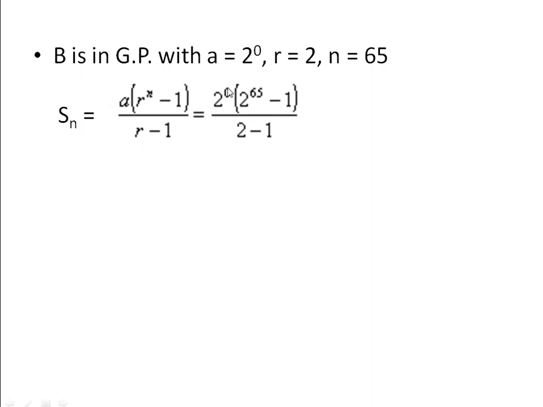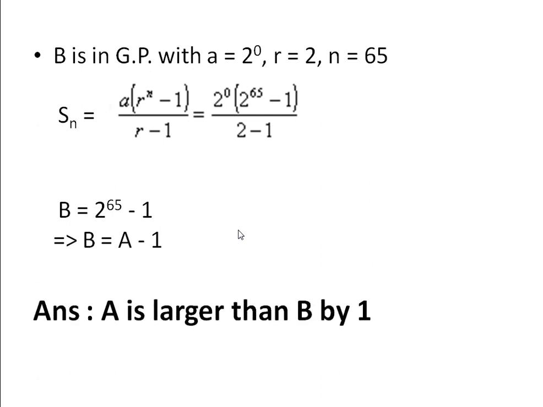So 2 power 0 into 2 power 65 minus 1 divided by 2 minus 1. So B is equal to 2 power 65 minus 1. So 2 power 65 is nothing but A. So B is A minus 1, and the answer is A is larger than B by 1.